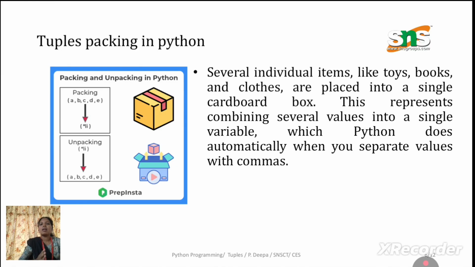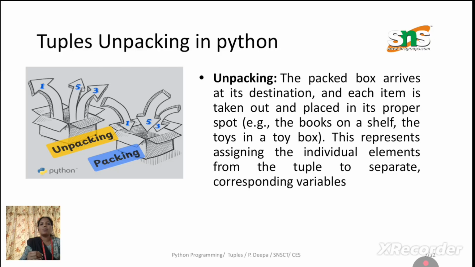So with the wrapping of the box, we cannot know what is inside, whether a pencil, a book, toys, a pen, or money, whatever it is. It is only the values given with comma notation. The unpacking of the tuple is done with commas. So in unpacking, the box arrives at the destination, and each item is taken out and placed in its proper spot.